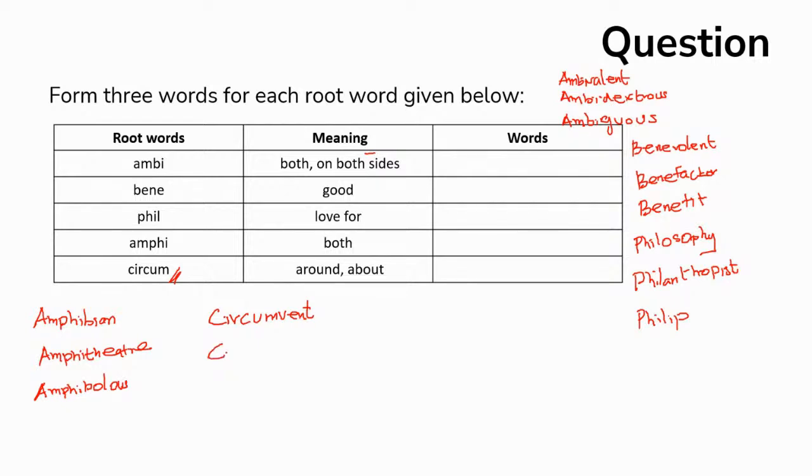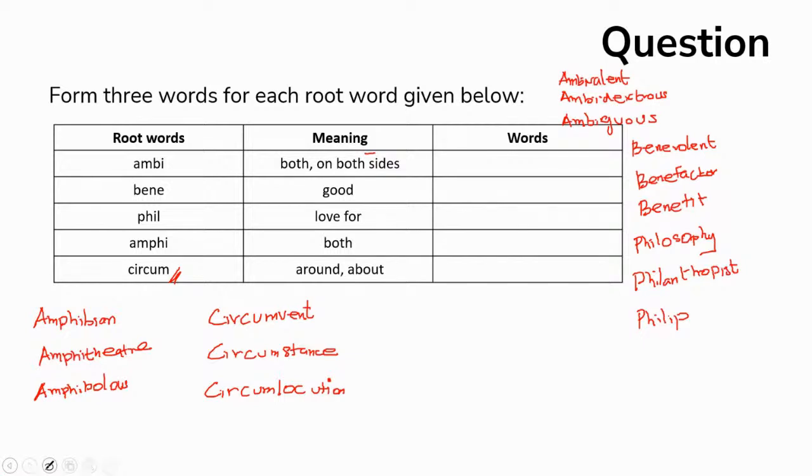And next word is circumstance, a fact or condition pertaining to an event or action. And next is circumlocution, deliberately using more words than is required to be vague.